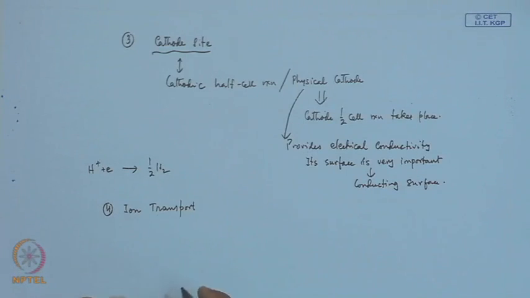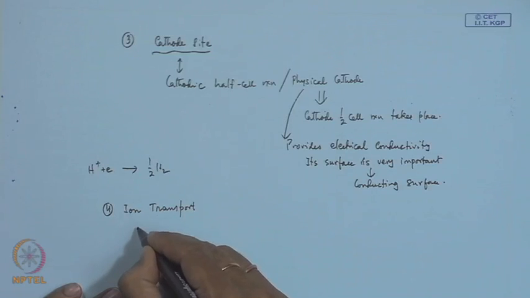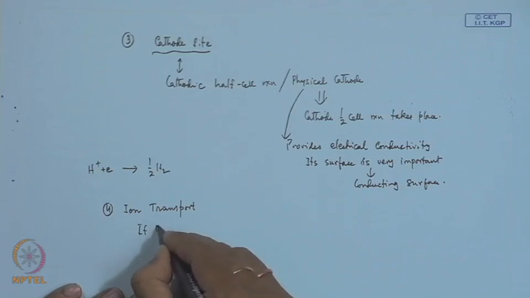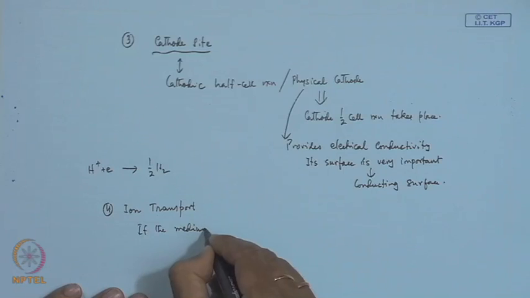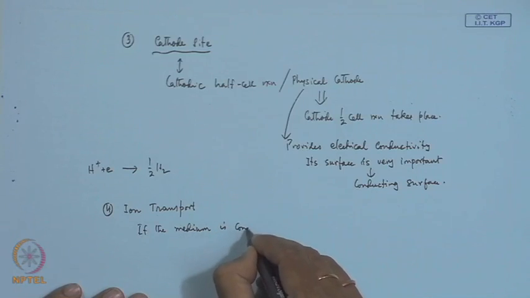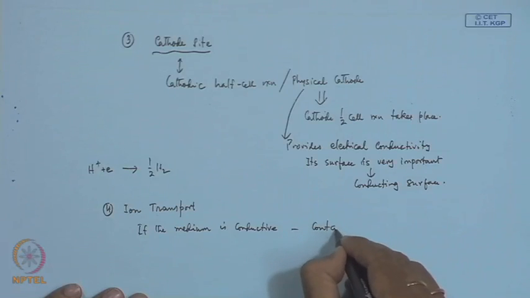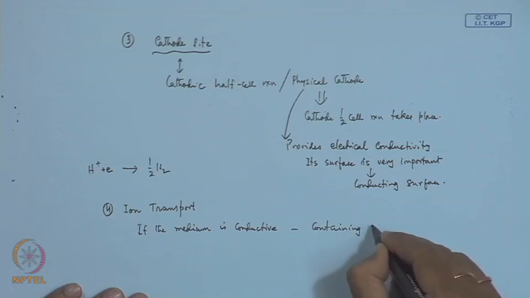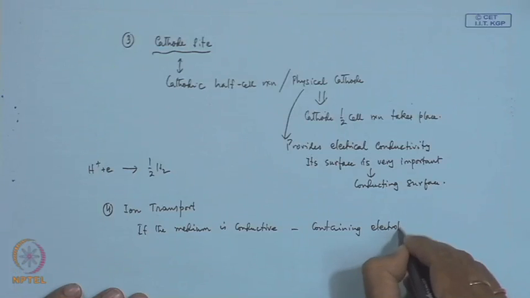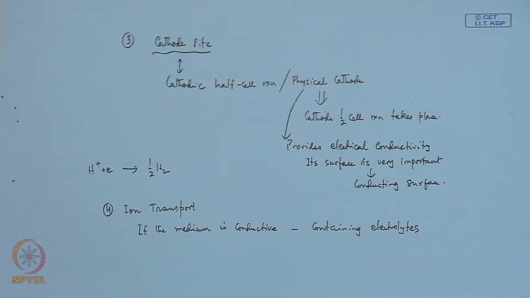So, if the medium, like the electrolyte, is present, if the medium is conductive, that is containing electrolytes, it is very important. So, the presence of electrolytes is of immense importance.